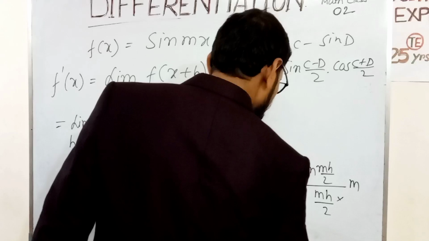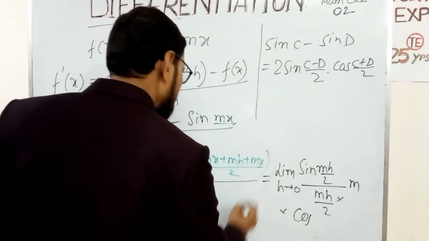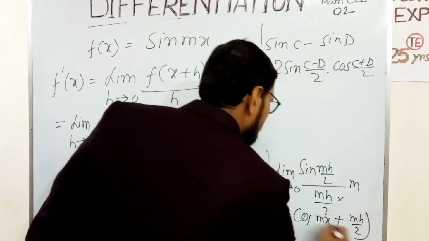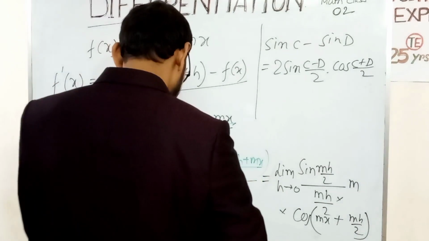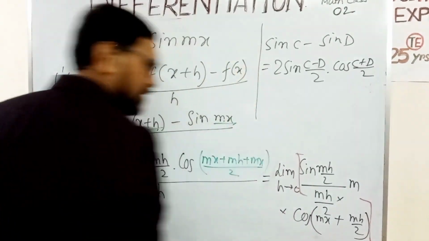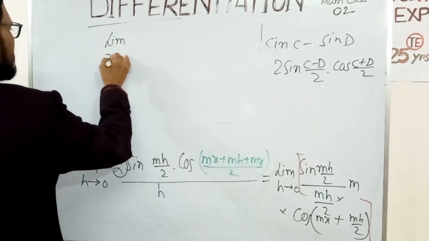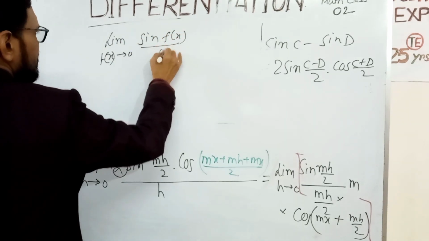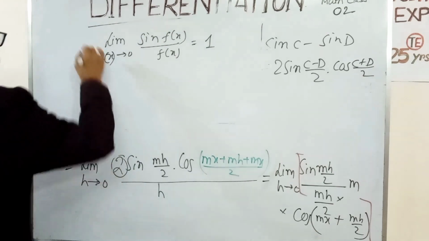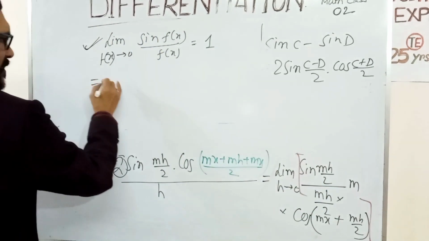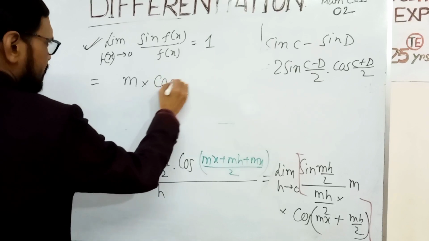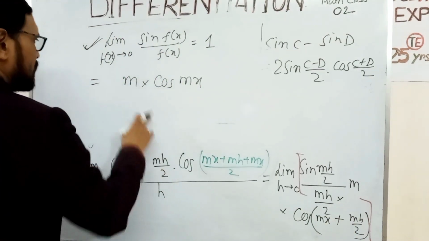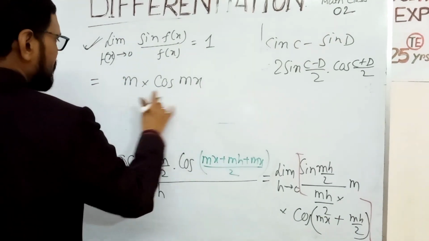The next term is into cos of (mx plus mh) by 2. We know the formula limit x tends to 0 of sin fx by fx equals 1. So using this formula we get m into cos mx. If we put h equal to 0 here, this is 0. Now the result becomes m cos mx. So this is the answer.